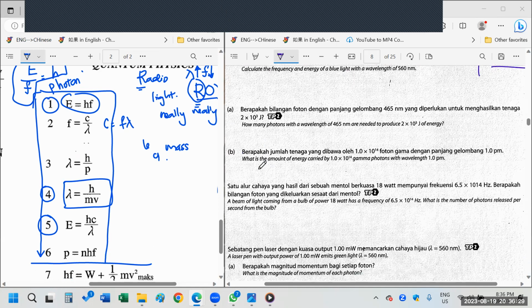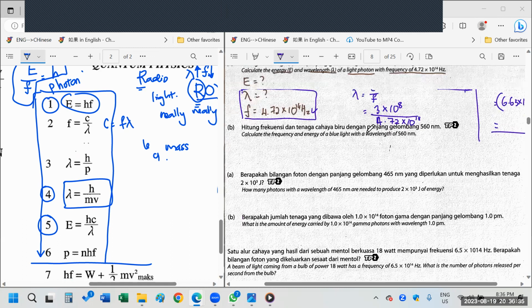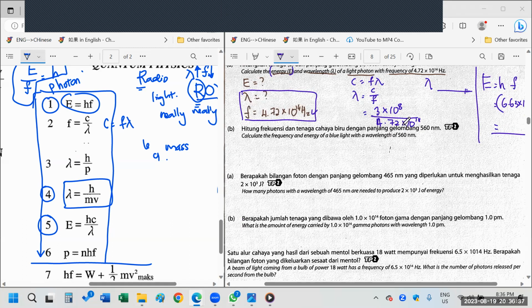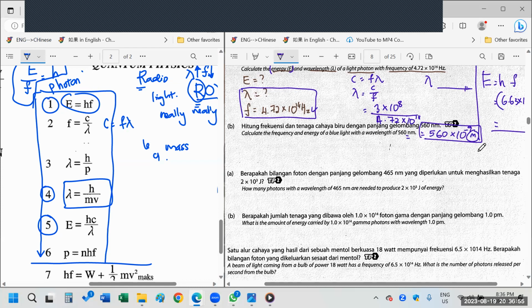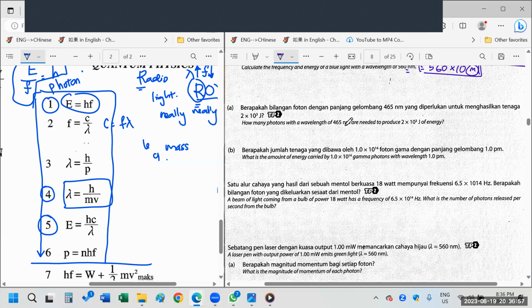A few things you need to be careful about, because you might not be sensitive to nm. What is nm? It's nanometer. So it's 560 times 10 to the power of negative 9 meter. Please change to SI unit, meter. Nanometer, be careful.